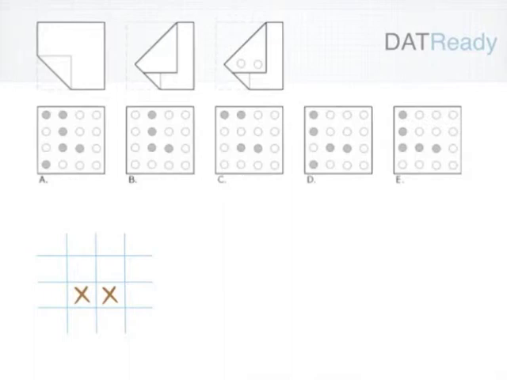I need to find the axis of symmetry. Now in this case, I am folding this piece of paper against that axis of symmetry, which is this. So any holes in this piece of paper are being folded on the opposite side.